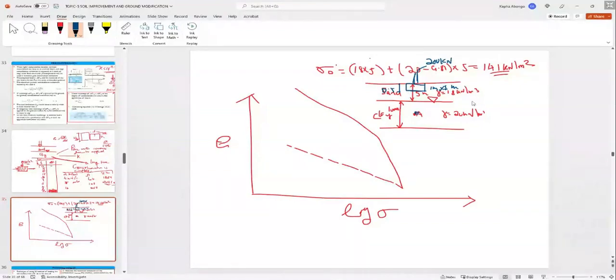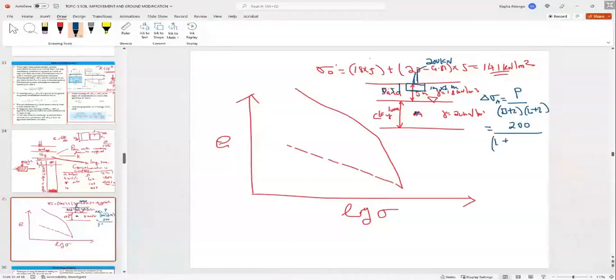If we use the 2-to-1 method, then the change in stress at point A would be the loading P over (B plus Z) times (L plus Z). That would be 200 kilonewton, B is 1 plus Z. What is the Z?